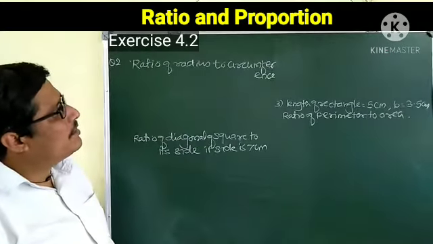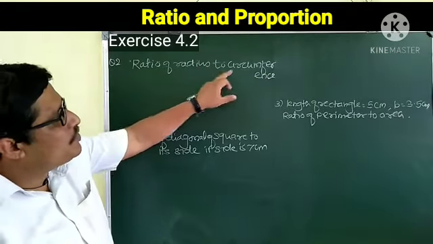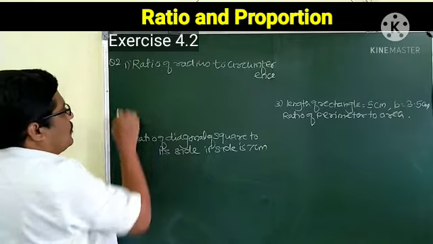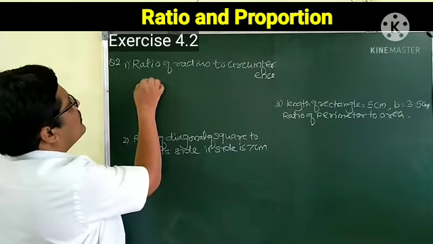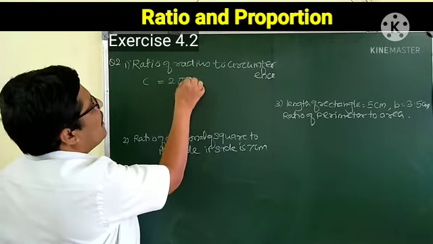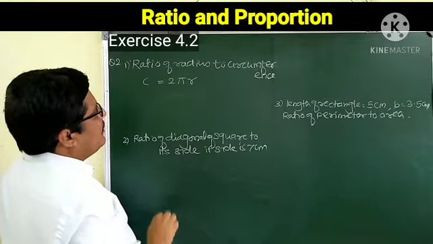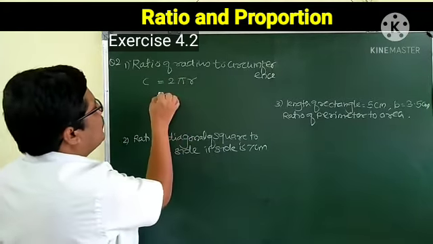Here we have to write the ratios. So first is ratio of radius to circumference. So for that we have to write the formula. Circumference C is equal to 2 pi r, and in this case we have to write the ratio of radius to circumference.